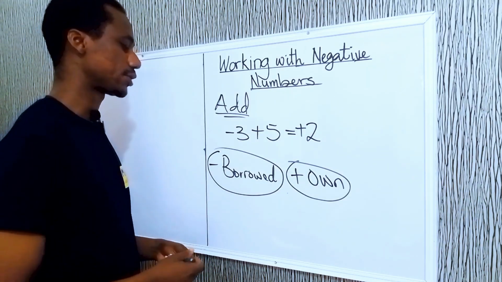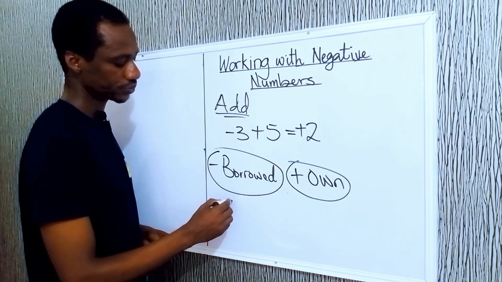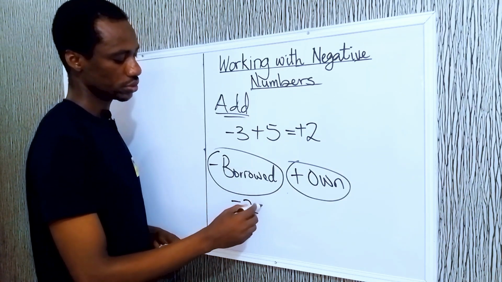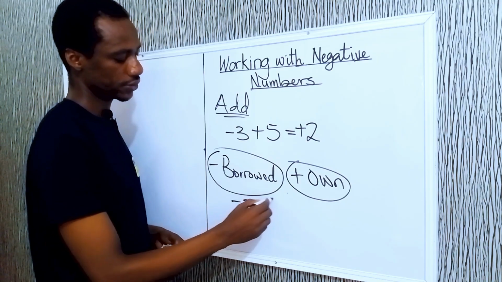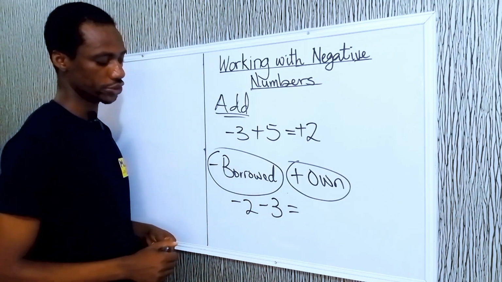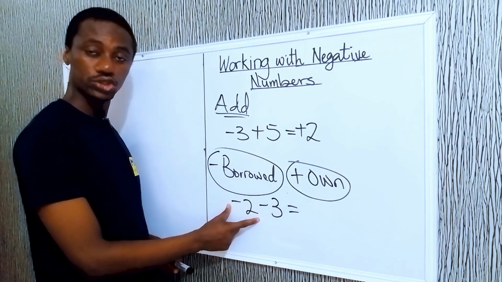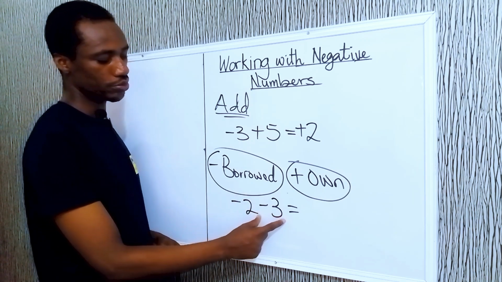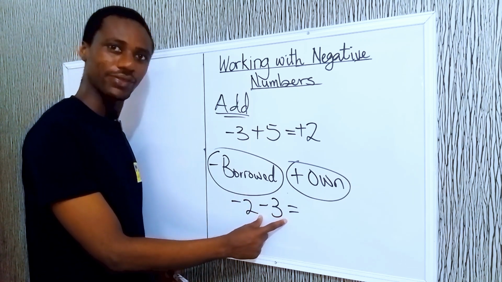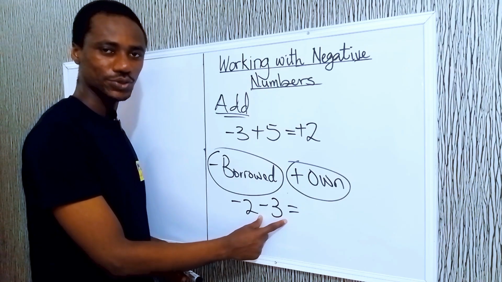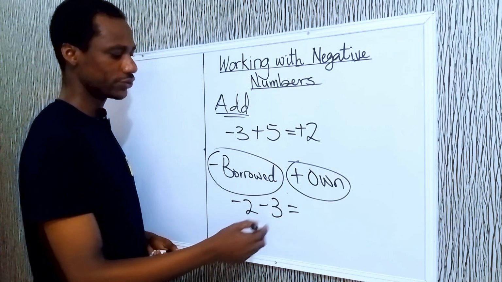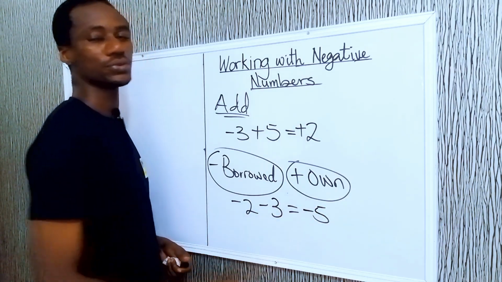Let's take another example. Let's say you have negative 2 minus 3. Here you borrowed 2 apples and then you borrowed another 3 apples. So altogether, you've borrowed 5 apples.